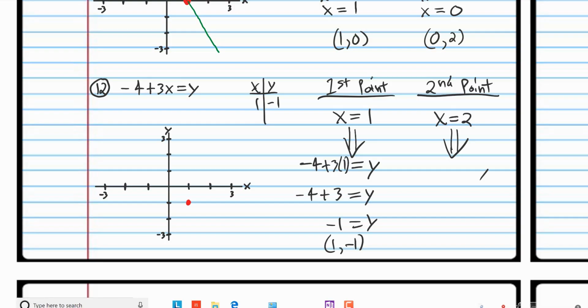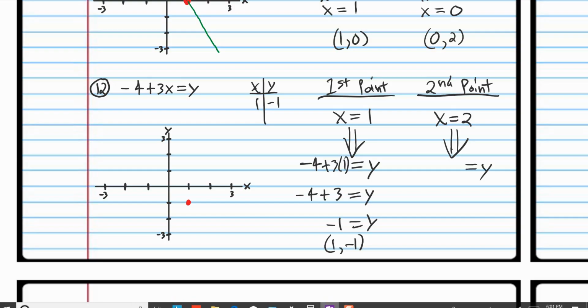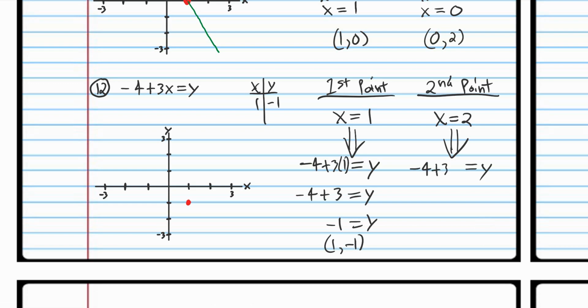So if x is 2, then y is equal to -4 plus 3 times 2. Three times 2 is 6. -4 plus 6 is 2. And so if x is 2, then y is 2 also. So that's here. And connect those dots.